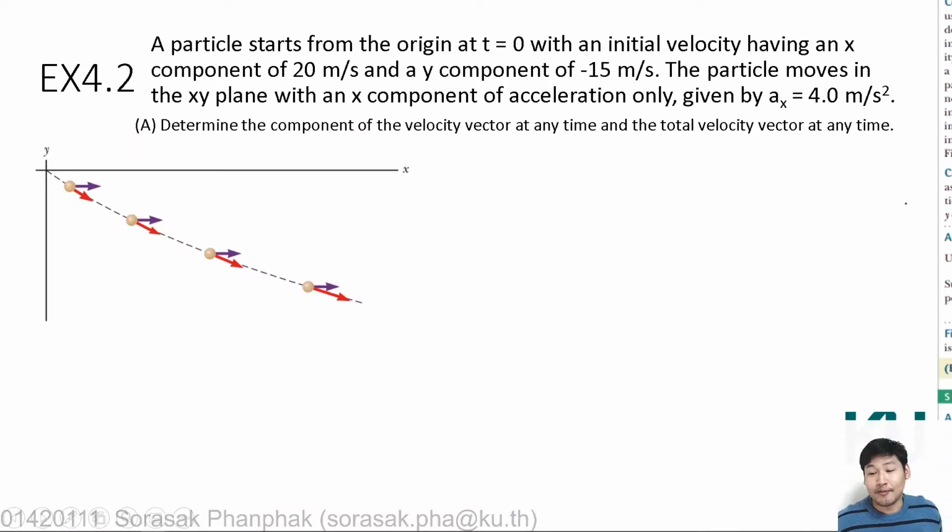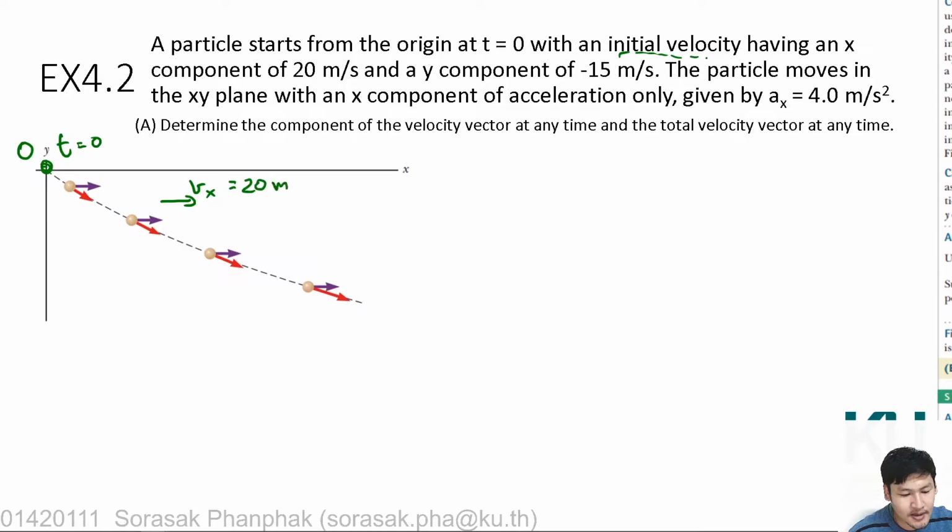So let's look at the problem in example 4.2. It is about a particle moving from the initial point at t0. This is the origin. This particle has the initial velocity in the x component only, Vx equal to 20 meters per second, and also in the y component.